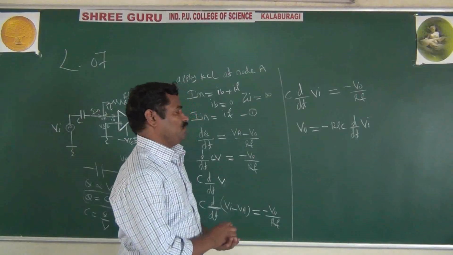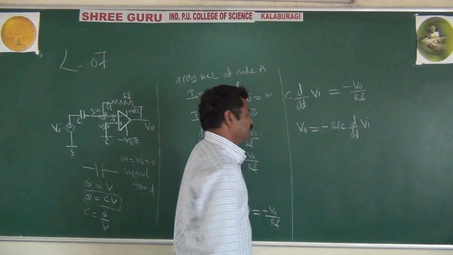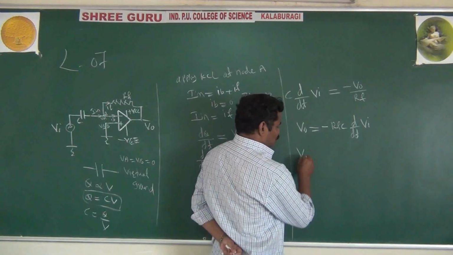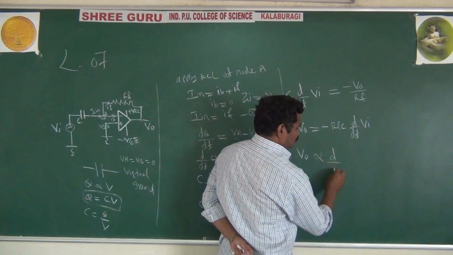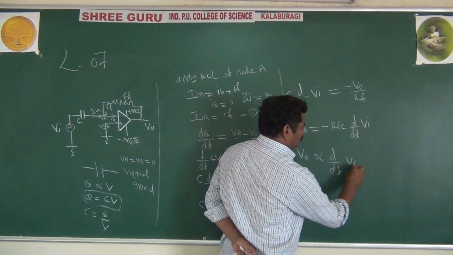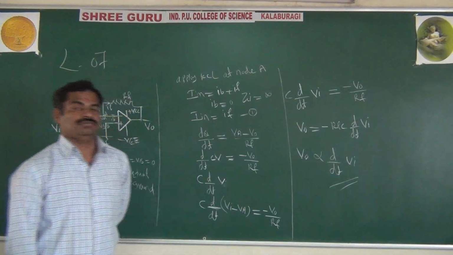Especially, this RF and C are constant. We get the output voltage directly equal to the differentiation of the input voltage. That is nothing but your differentiator.